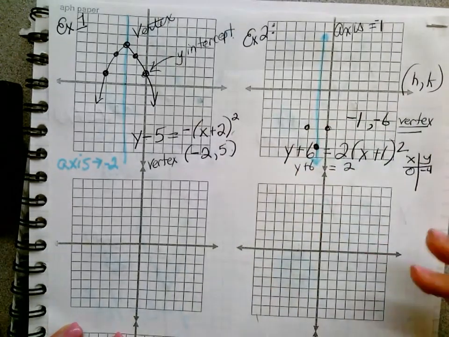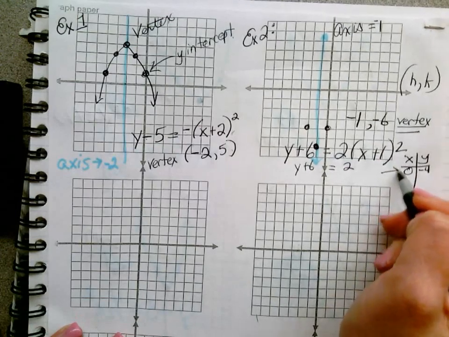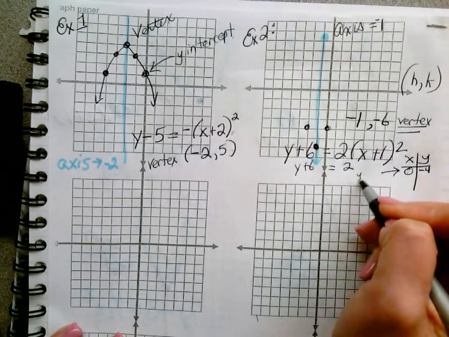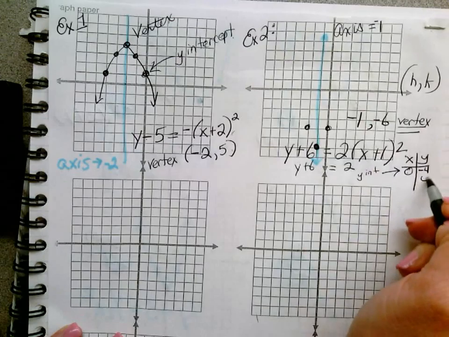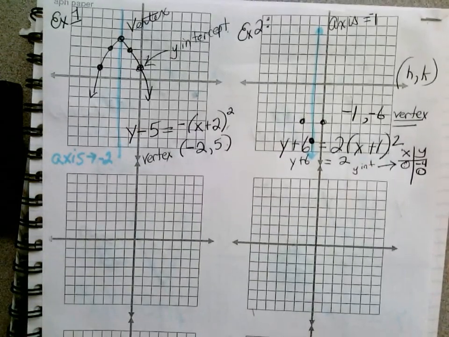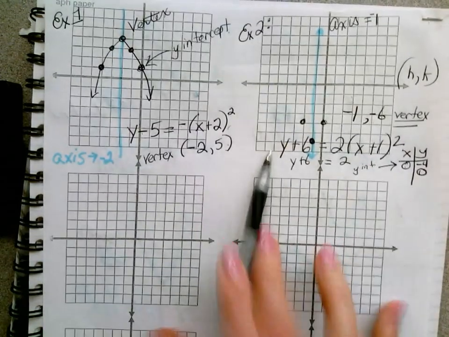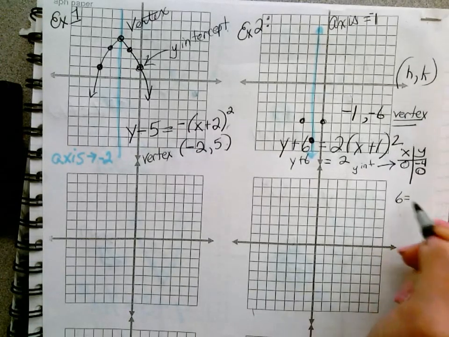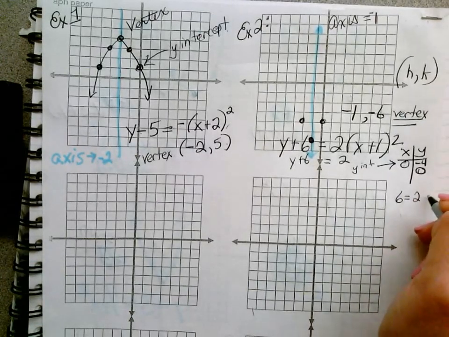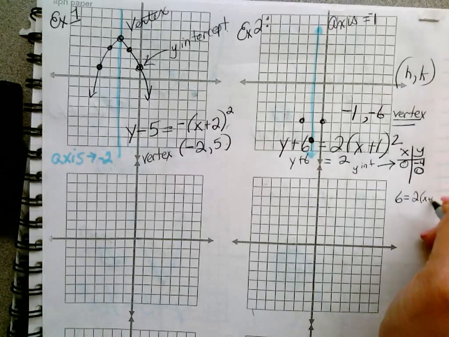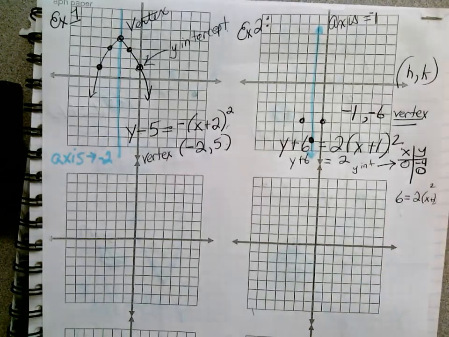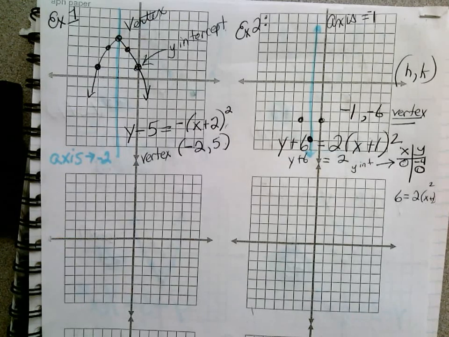But they also want to know what the x-intercept is. Since x is 0, that's your y-intercept. But if I plug in y at 0, I can get my x-intercept. So 6 equals 2 times x plus 1, run out of room, squared. Very, very ugly. Do you guys see that?